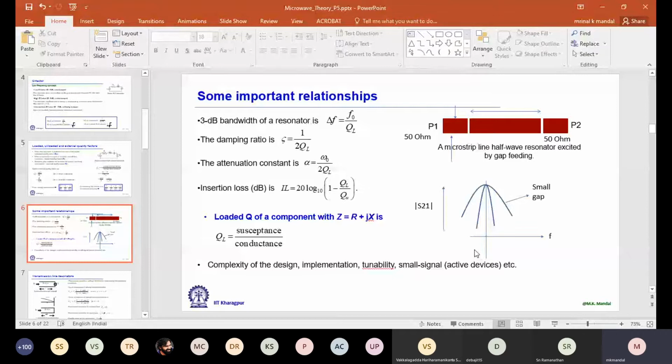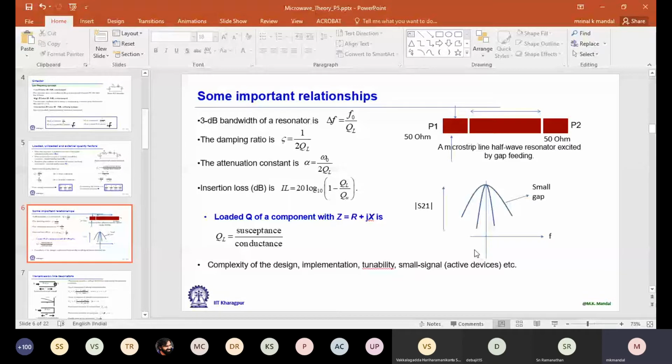So how you are coupling power to the external circuit determines the 3 dB bandwidth. That means it can't be the unloaded quality factor. Unloaded quality factor is the characteristic of the resonator, and that is fixed. This loaded quality factor also depends on the input and output coupling.